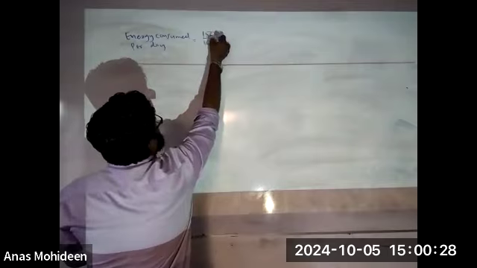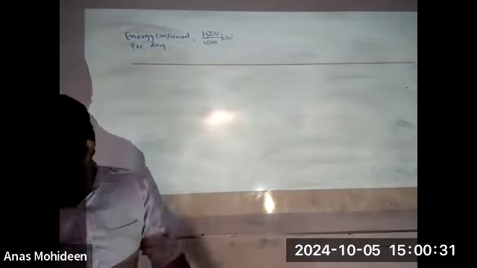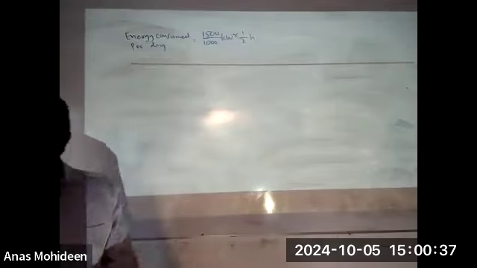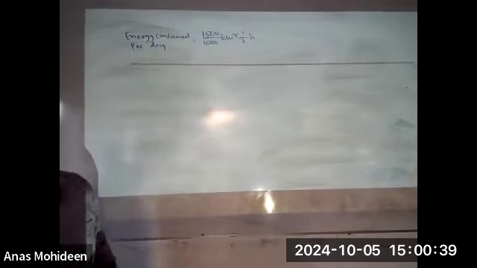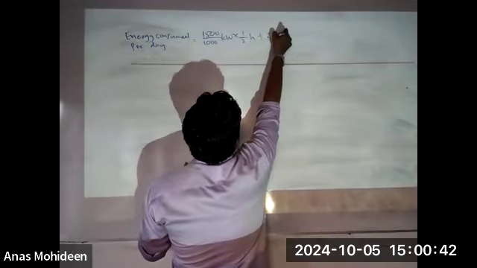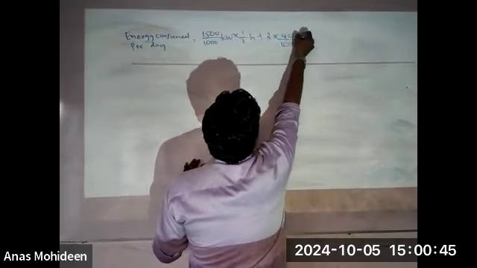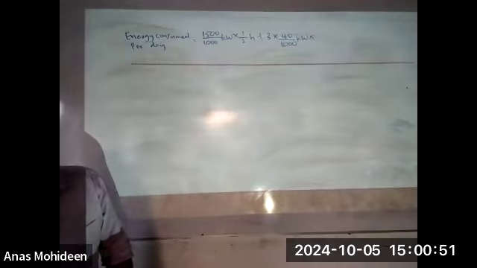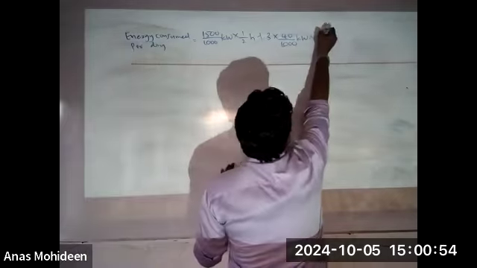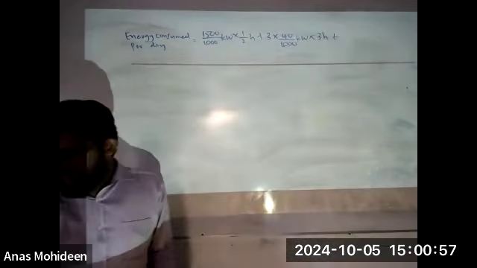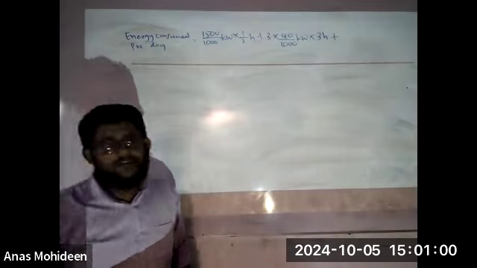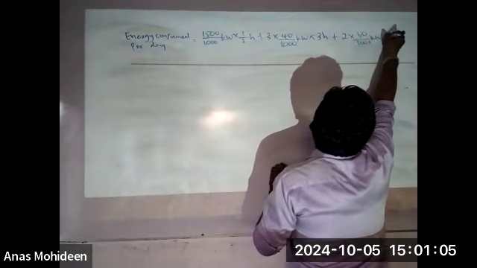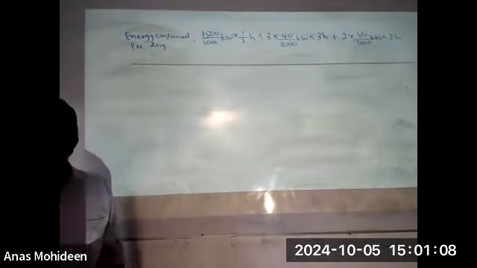I have to divide by 1000 to make it kilowatt, and multiply by how many hours it is used: half an hour a day. Plus 40 watt bulbs, dividing by 1000 to make it kilowatts, multiplying by the hours consumed: 3 hours. What is the next one? 60 watt bulbs, 2 bulbs are there, lighted for 2 hours. 2 into 60 dividing by 1000 to make it kilowatts, 2 hours daily. These are the only steps.